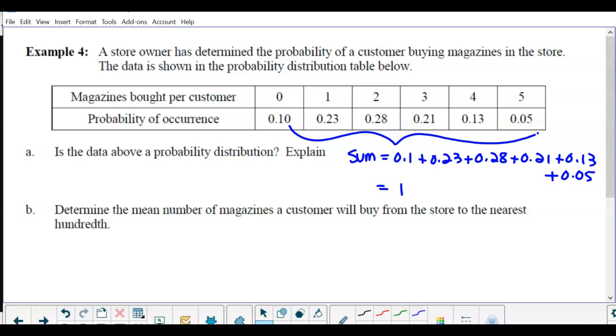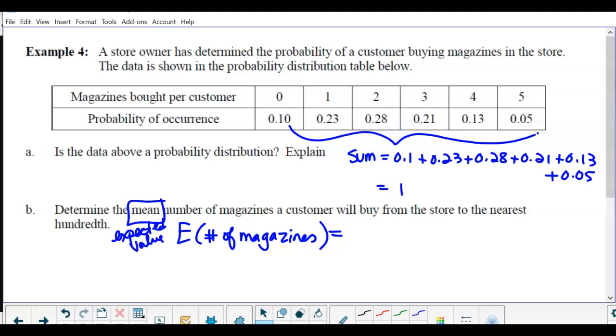Determine the mean number of magazines a customer will buy. The mean number is the same as the expected value. So that's going to be 0 times 0, actually I'll put n times the probability.